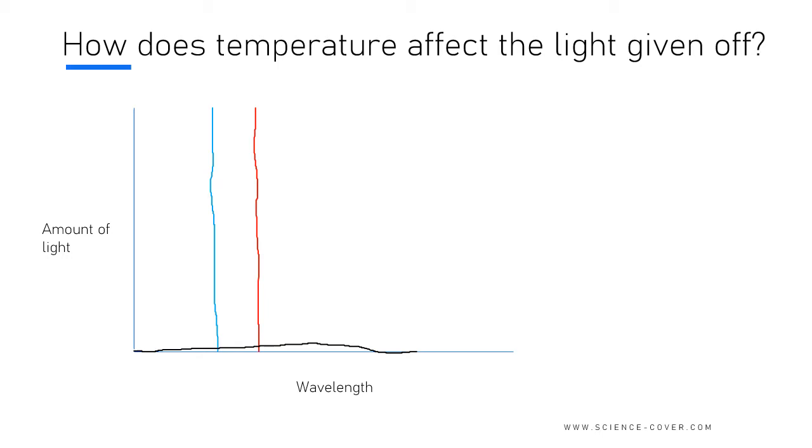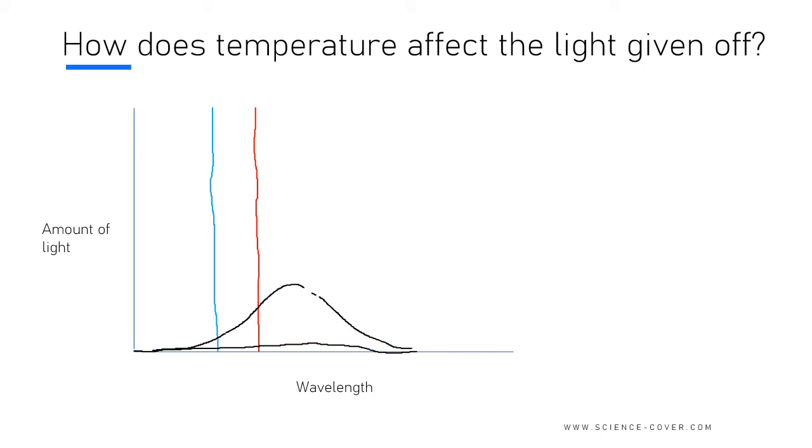But if we heat that object up, let's say we heat it to about 800 Kelvin, then what will happen is we won't be getting very much high wavelength light coming off, but we will start then to see a peak within the infrared range.